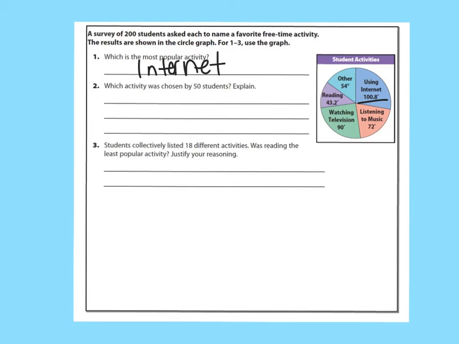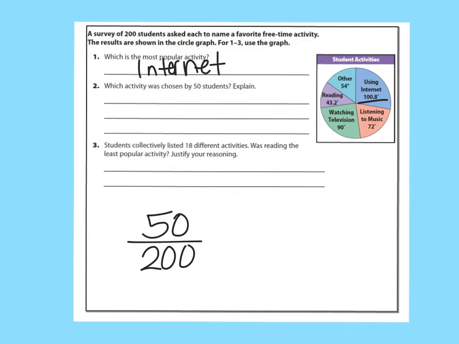Which activity was chosen by 50 students? Explain. All right, so this one, the survey had 200 total students, and I'm trying to figure out what part of the sector 50 would be.